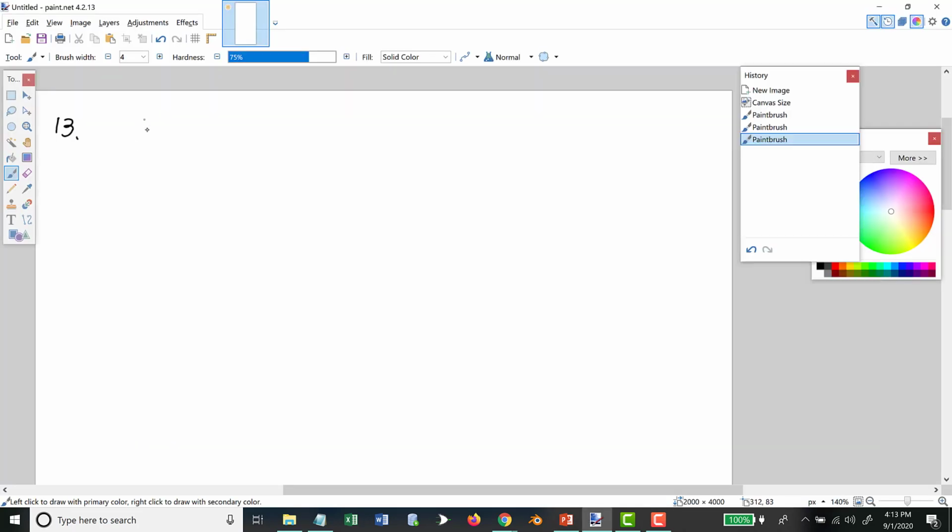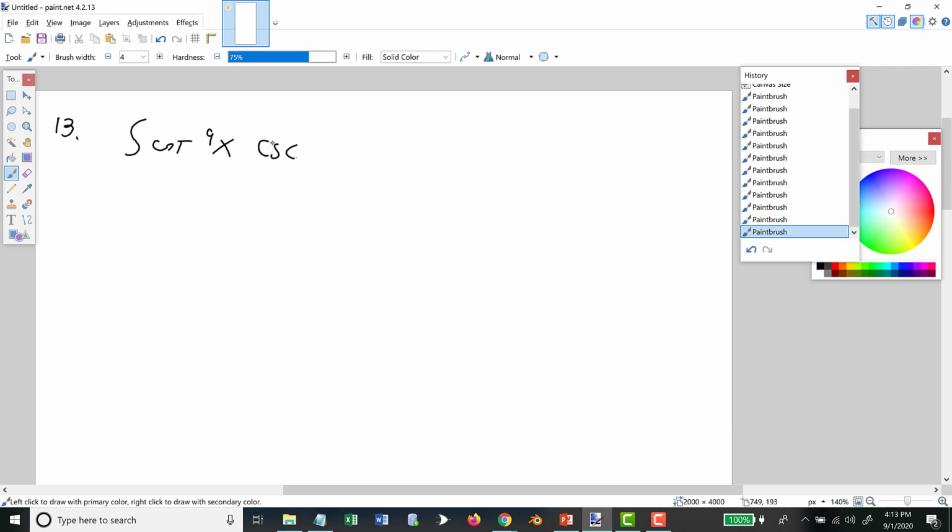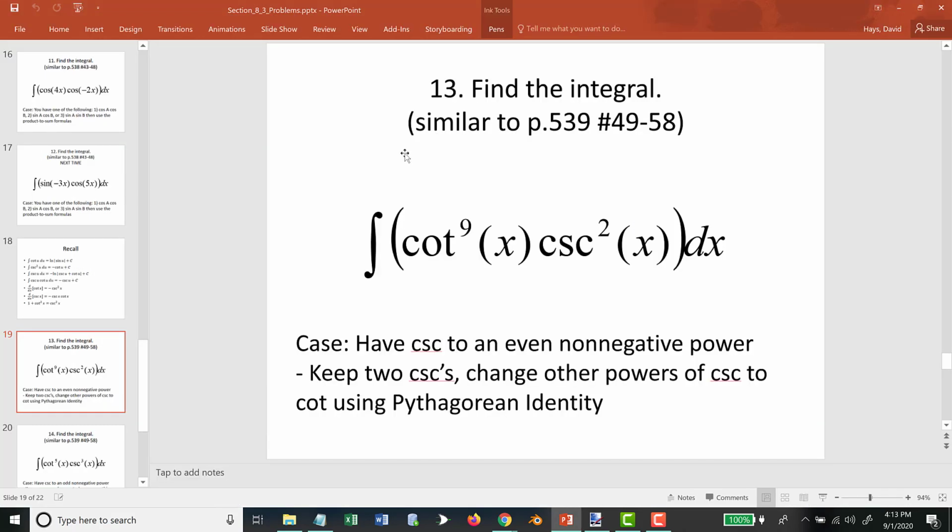This wasn't even in the book, so I made up my own rules. Cotangent to the 9th x. Hopefully it worked. That's a key. Cosecant squared x dx.